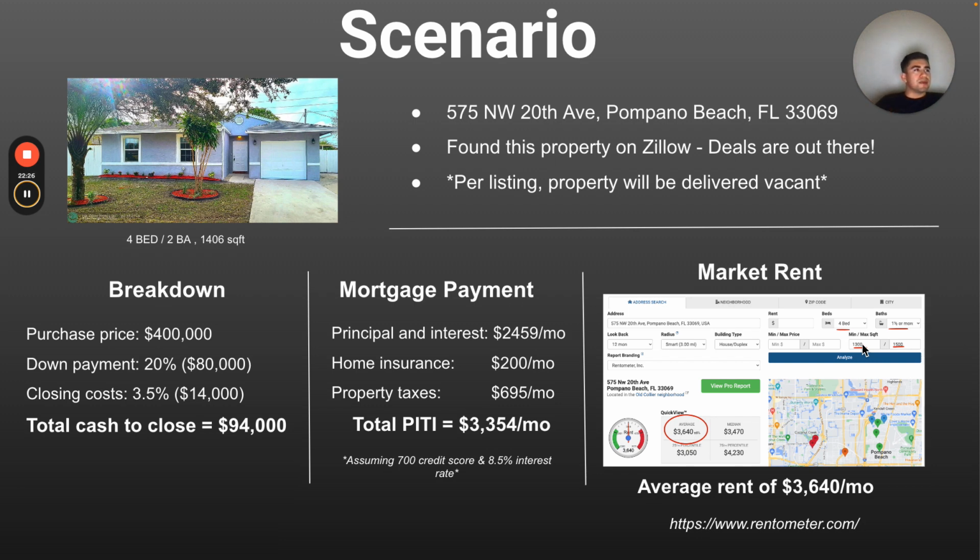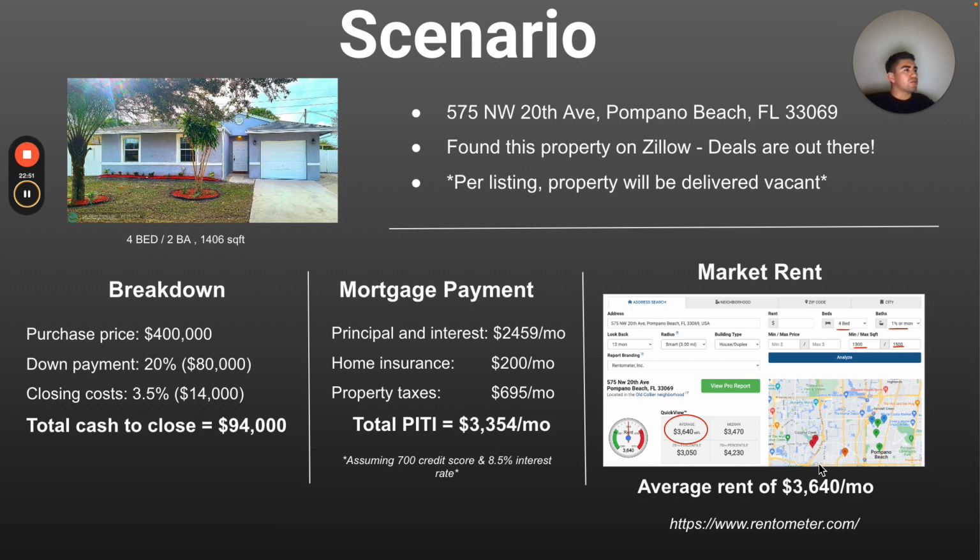Now we can see based on Rentometer's estimates, this property can rent out for an average of $36.40 per month. So, is this property a good deal? Will it work for DSCR? Well, remember, how do we determine our DSCR ratio? It is your rent divided by your total mortgage payment, right?